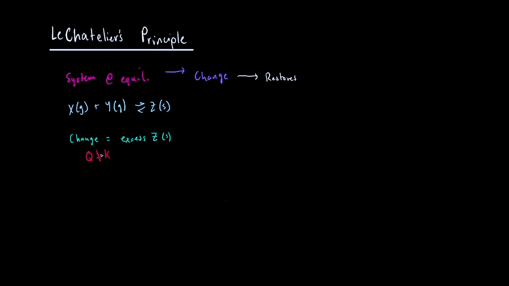For that, LeChatelier's principle tells us that systems that are originally in equilibrium, when changed, try to revert that change as much as possible. Essentially, in this situation, if we add an excess amount of Z solid, the reaction will proceed in the reverse direction.